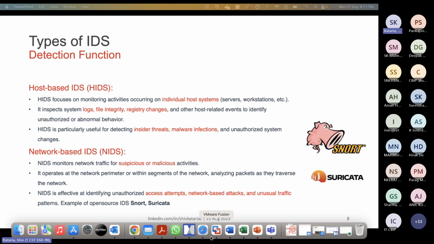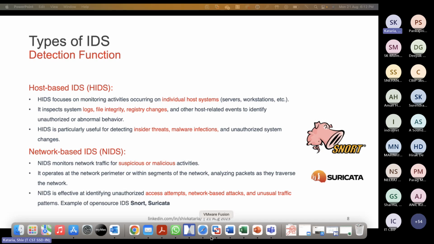And IDSs are pretty useful specifically in industrial control system environments, since they don't interfere with the regular functions. They work on the detection mechanism. They don't generally work on any active process. And since we don't want our operations to be hampered, we can use them very well in industrial control systems.